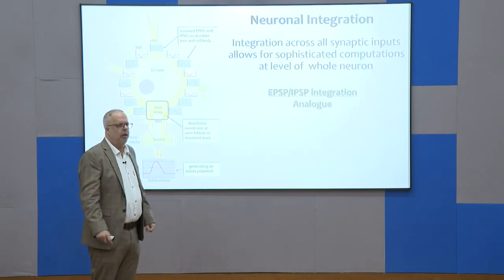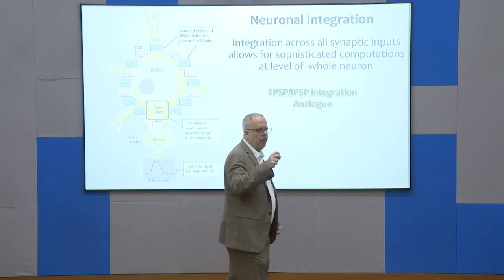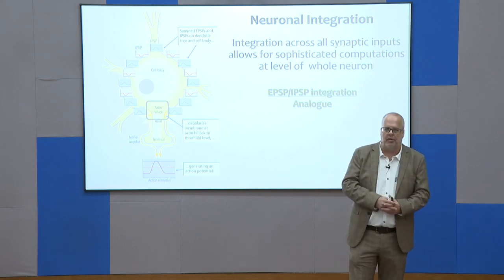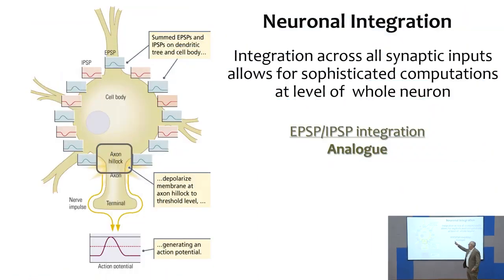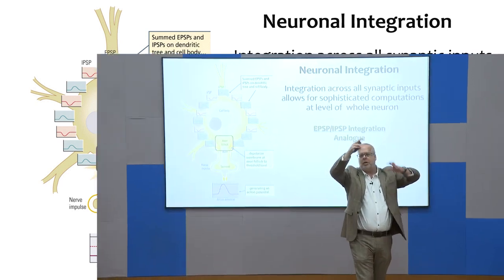But again, we have to keep in mind the quantity, the overall number of those synapses. 10,000 synapses, 100,000 synapses. So here's the way you can think about it. At each of those synapses, every time an action potential occurs, we have an EPSP that leads to depolarization or an IPSP that leads to hyperpolarization. Some positive, some negative.